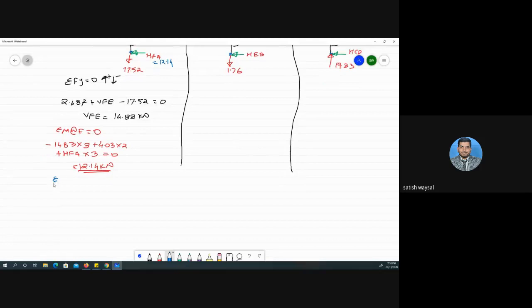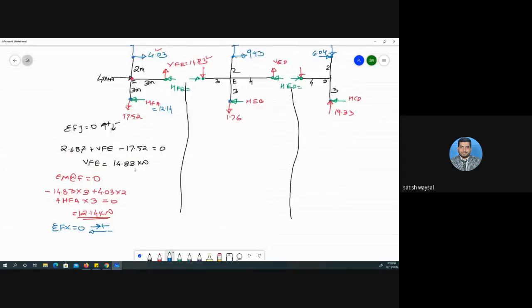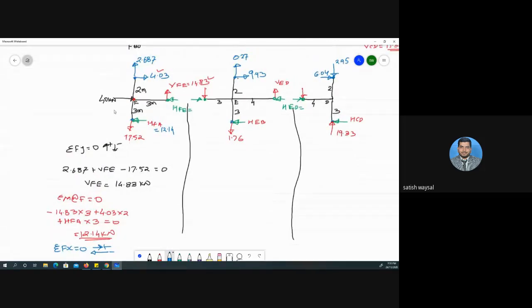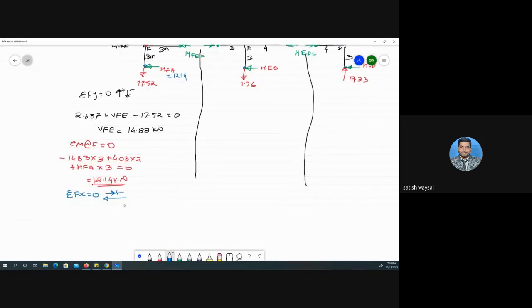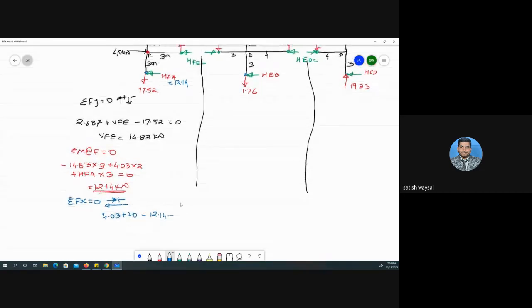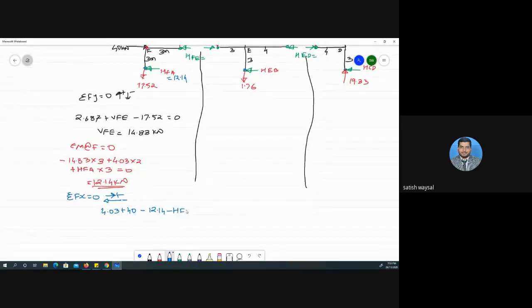Then apply summation Fx is equal to 0. Force positive, negative. So force is 4.03 and 40 is also positive. 4.03 plus 40 minus 12.14 minus HFE is equal to 0.